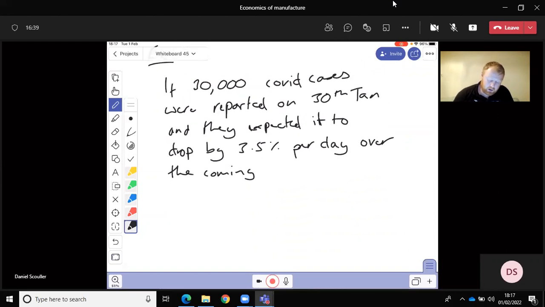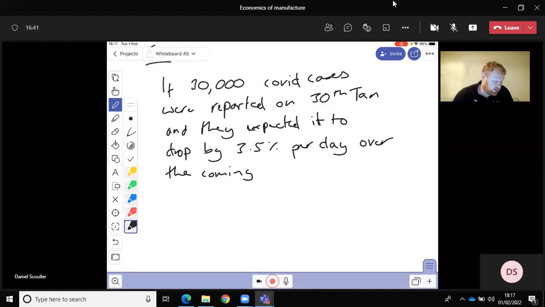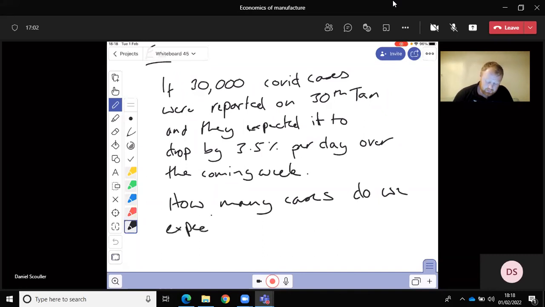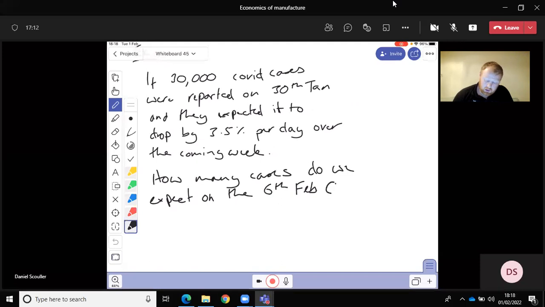Okay, so pretty normal thing to see in the media. Over the coming week, we're expected to see it drop by 3.5%. How many cases do we expect on the 6th of Feb? So after 1 week, or 7 days.